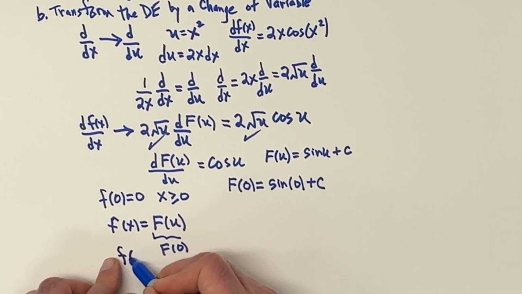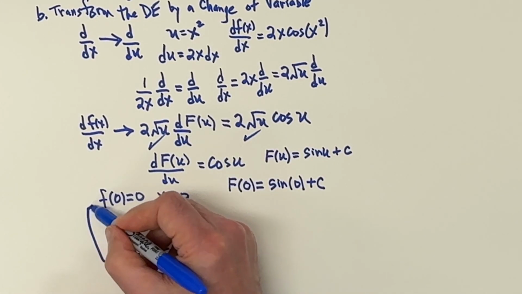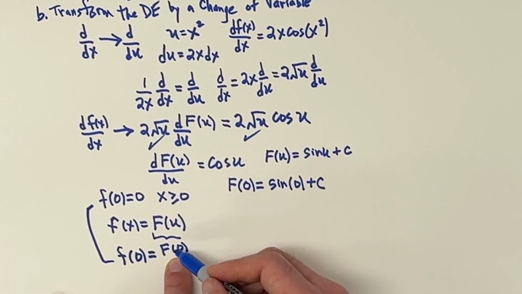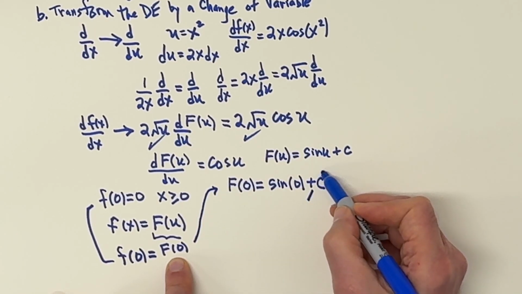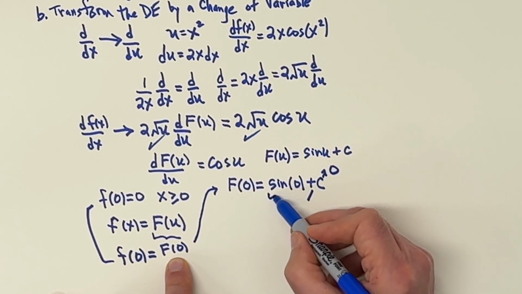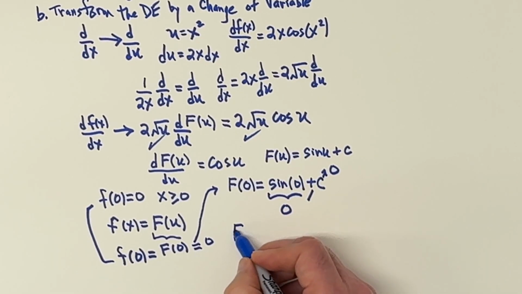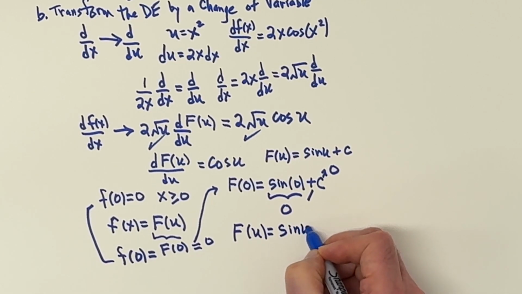So that means we have this, and we stated that the condition was that it has to be 0. So if the lowercase f of 0 is 0, then the uppercase one is 0. So up in here, this constant is gone, because this is 0 by nature. And since we have to have this being 0, we have a 0 constant. So that means we have our function, capital F of u, equal to the sine of u.